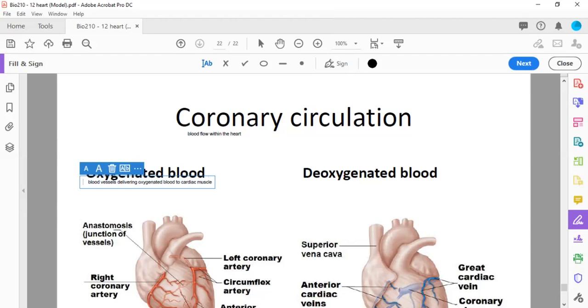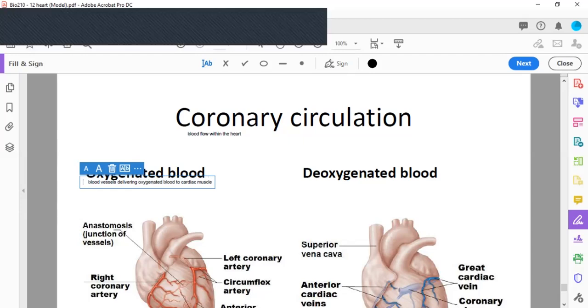I won't ask you that much detail on this, okay? I just want you to know. For example, let's begin with this because you need to know this for the lab exam anyhow. You can see we have two coronary arteries, the left and the right.